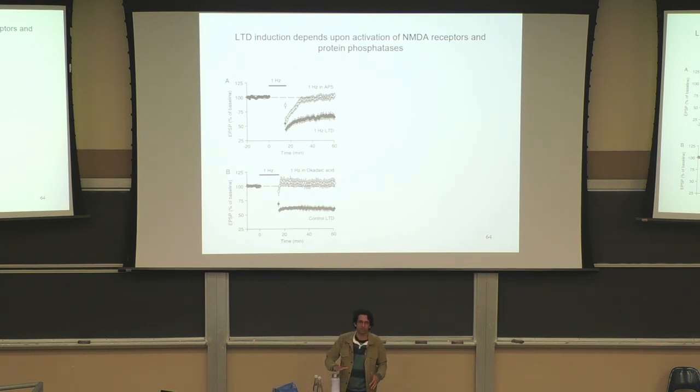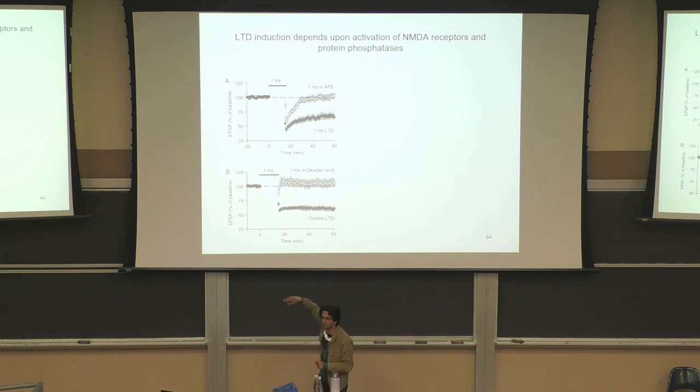So the glutamate receptor has two subtypes that are very important in this class. One is the AMPA subtype and the other is the NMDA subtype. And AP5 is a drug that is an antagonist of the NMDA receptor. So what you see is that the LTD doesn't really last long if NMDA glutamate currents are blocked.